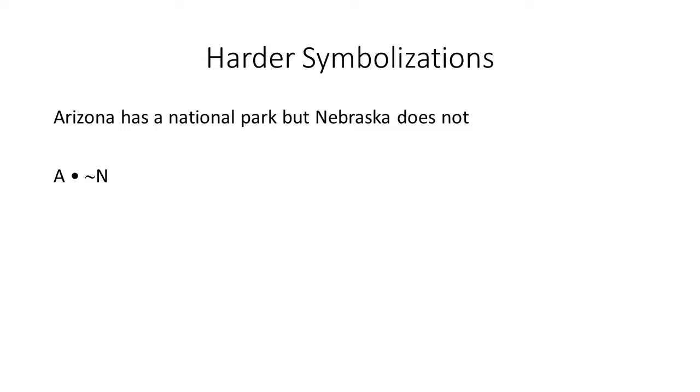Arizona has a national park, let's just say that's A. And Nebraska has a national park is what that means, so we use an N. So now we should have something like A dot N with a tilde above the sentence. Well, we know that's not well formed, because the tilde goes on the left-hand side of what it negates. So we rearrange things so that we have A dot tilde N.